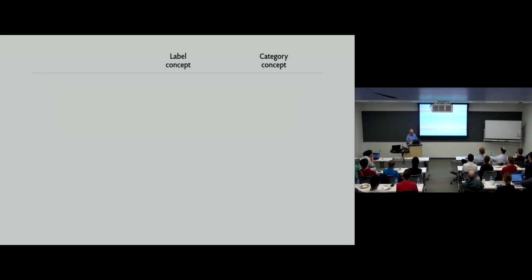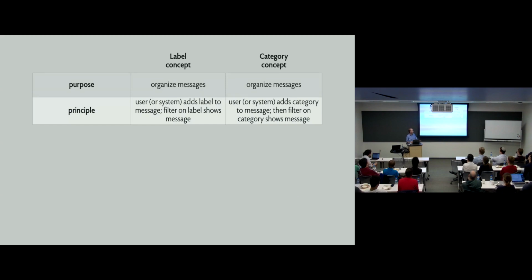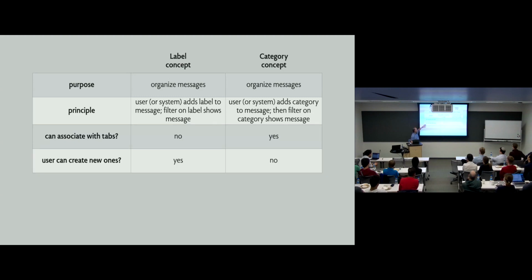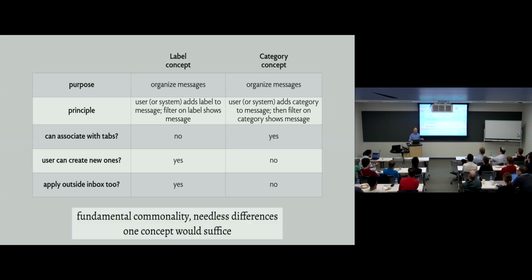But the key point is that if we look at labels and categories, they have the same purpose, the same operational principle, but then they have these weird differences. You can't associate labels with tabs, but you can associate categories with tabs. You can't create new categories, but you can create new labels. You can apply labels outside the inbox, but not categories. And so the simple point is they didn't need to do this.